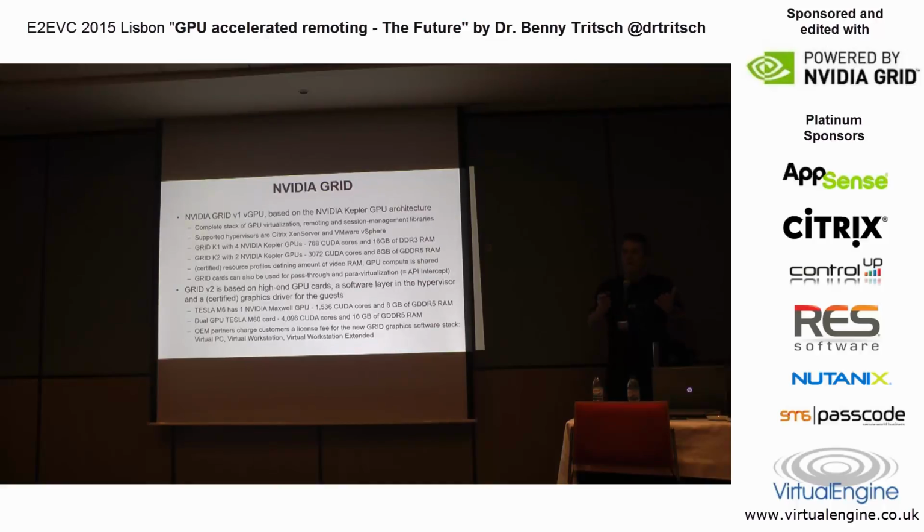So the GPU vendors like Nvidia, they were hoping it levels out. Sometimes it does in some environments when users are not doing exactly the same at the same time, but sometimes it just simply doesn't work.